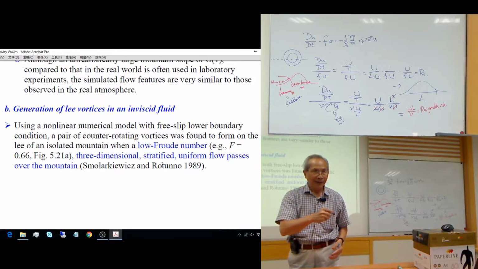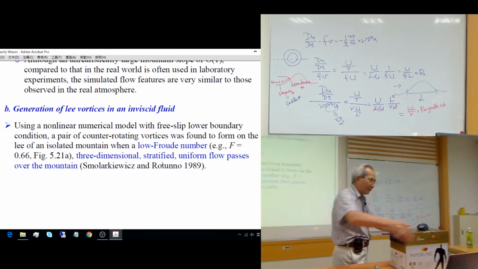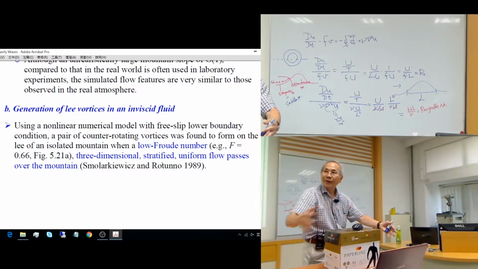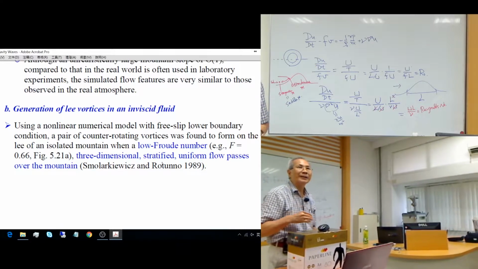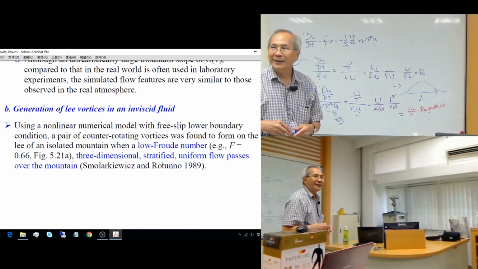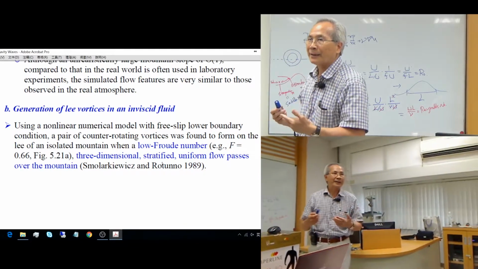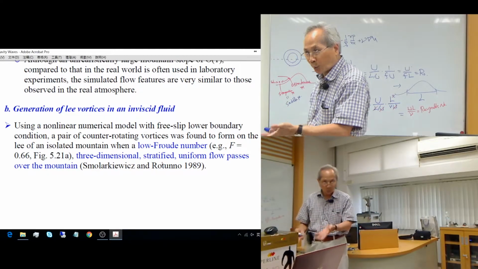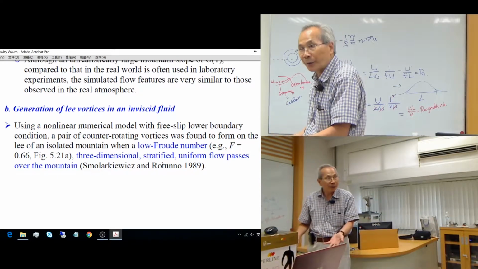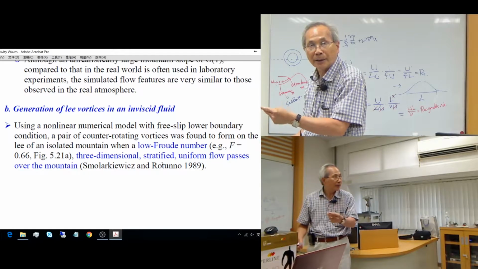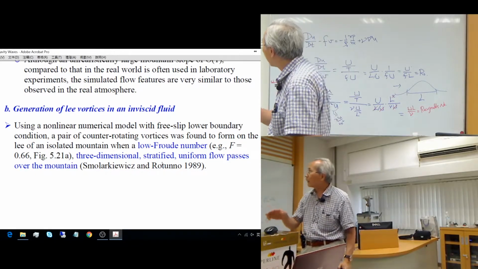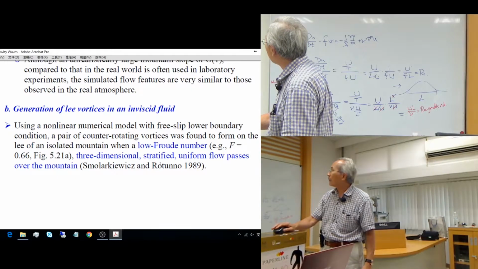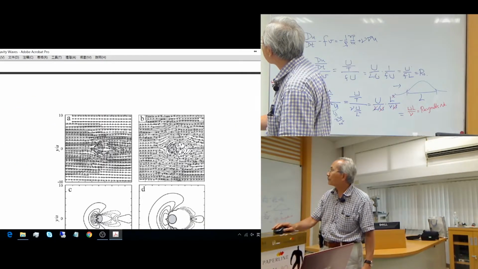They found that with no friction, they still had the vortices generated. That got them excited, and they tried to explain what happened there, because there was no friction. They turned all the friction terms off.